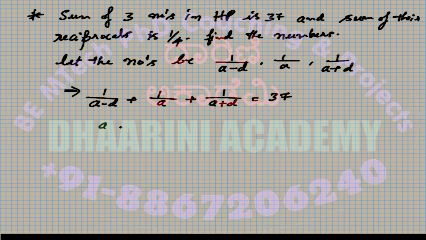This is 12 into 1 plus 12d plus 12 into 1 minus 12d, whole divided by 1 minus 144d square, equals 25.